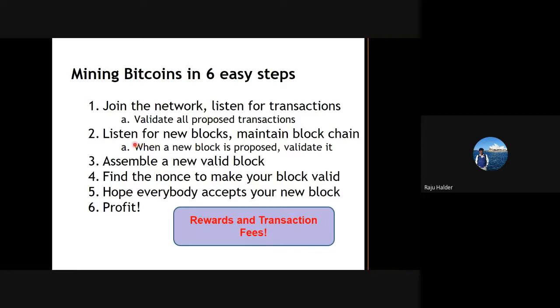The miner will also listen to the transactions, accumulate them, and create the block. After creating the block, they will do the proof of work. I mean, they will choose the correct nonce to get the correct hash value having the required number of zeros. This is the mining process.